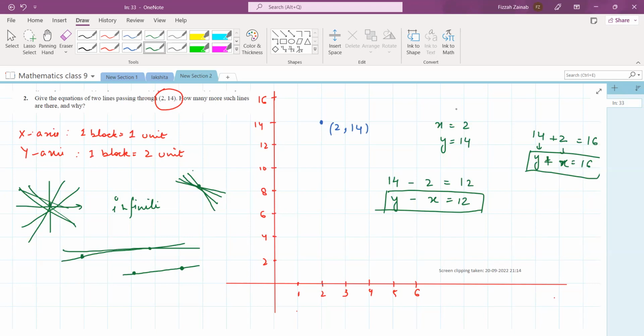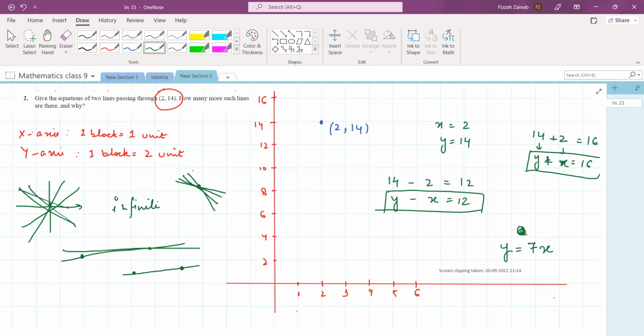In fact, you can see 2 into 7 is 14, which is y. If I multiply this x by 7, I'll get 14. So that means if I write y equals 7x, I'll get my y. So this is another equation which is going to satisfy.